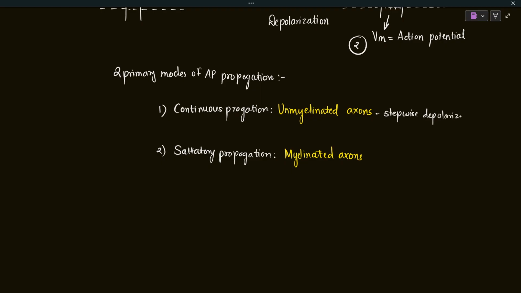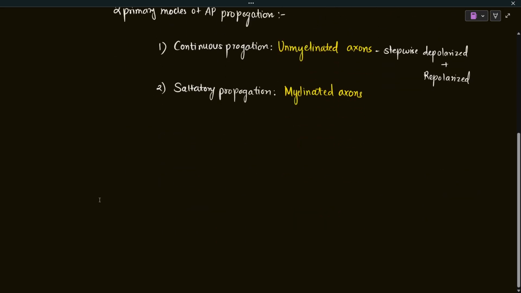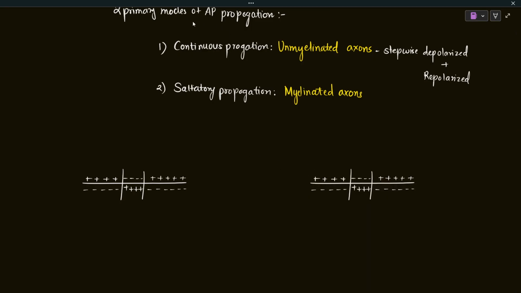So first the membrane gets depolarized and then it gets repolarized. Now let's take a look at this part. Let me just copy paste this diagram here, and let's see what happens.